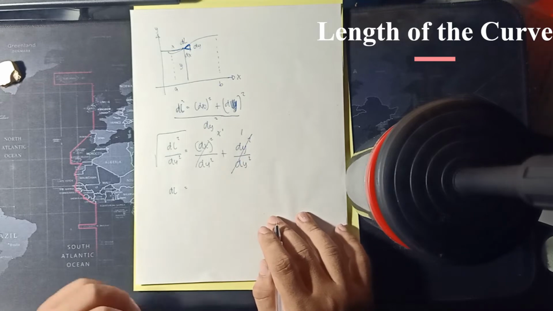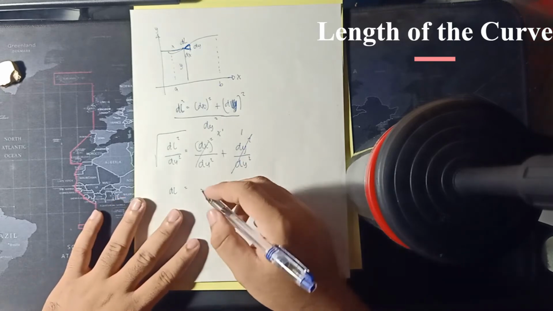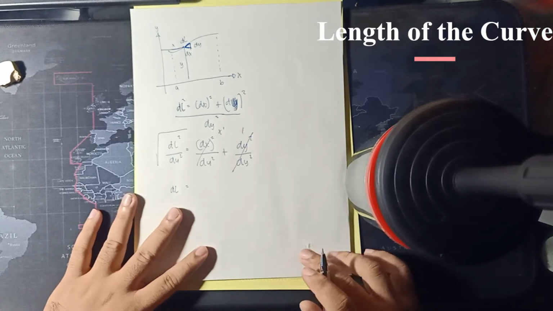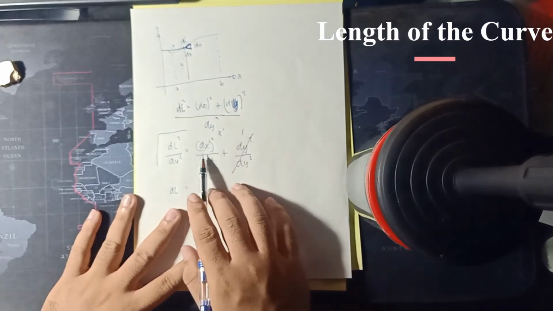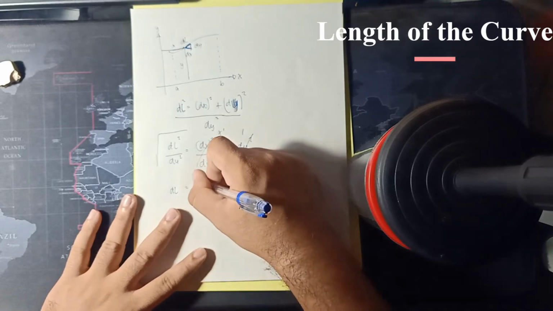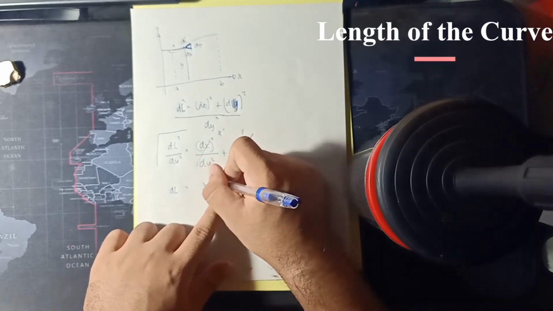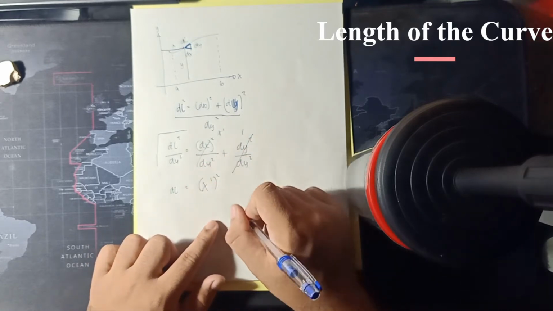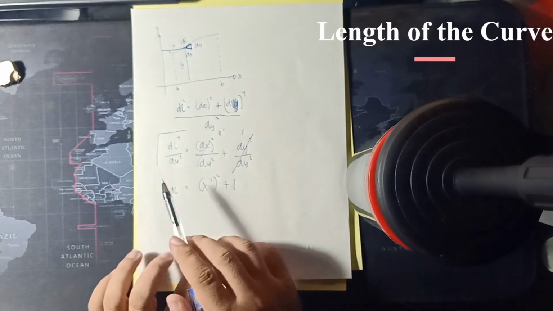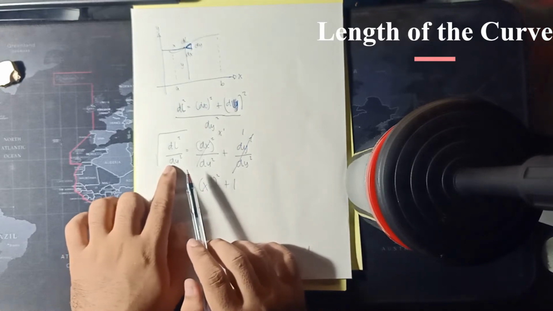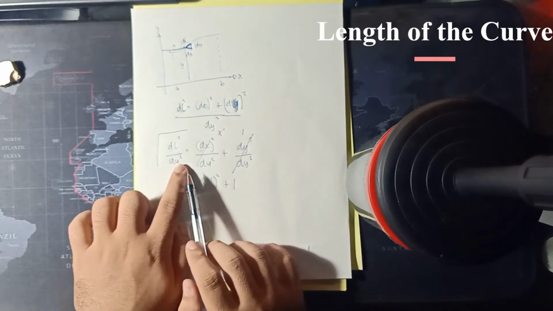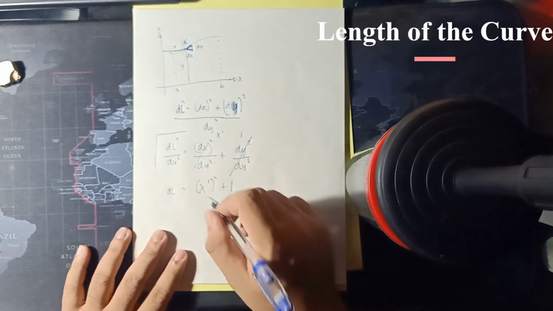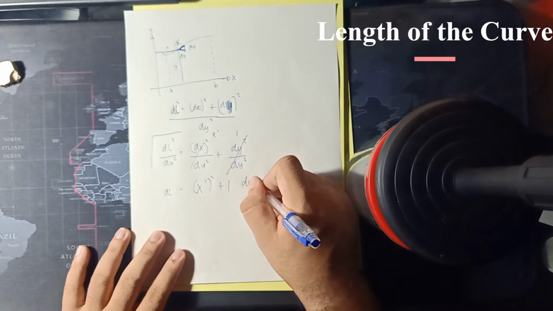So if you now place everything in the formula, this would be your x prime, because dx squared over dy squared is your derivative, x prime, and plus 1. Now if you take the square root of the dy squared and transfer it on the other side, this would be your dy.